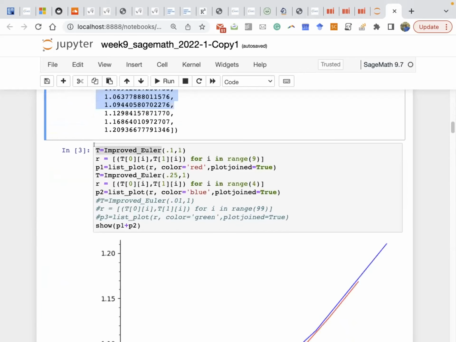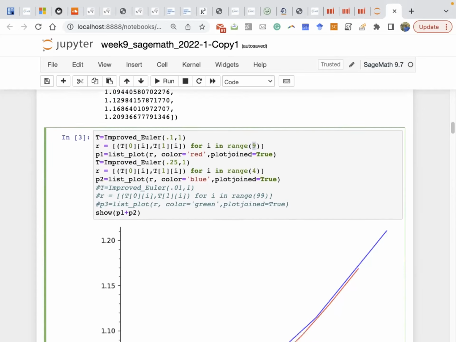So the output of T has two parts, two lists. The first list will be my X. The second list will be my Y. So in range of 9, this time instead of writing that, it will be 0, 1, 2, 3 until 9, so 10 times.